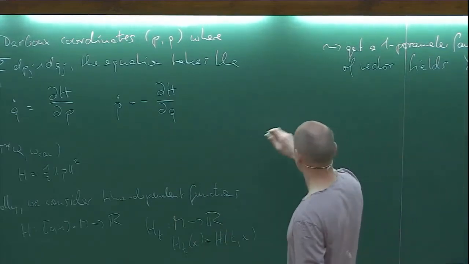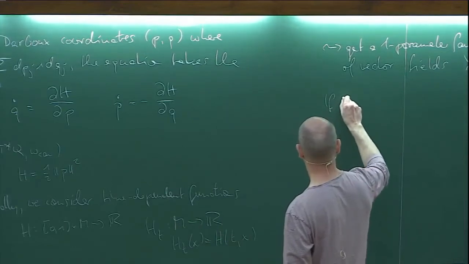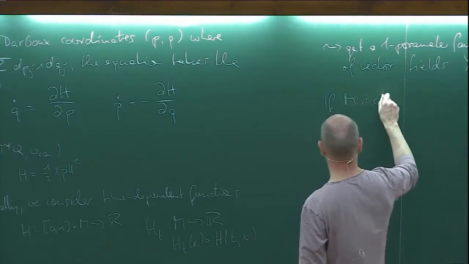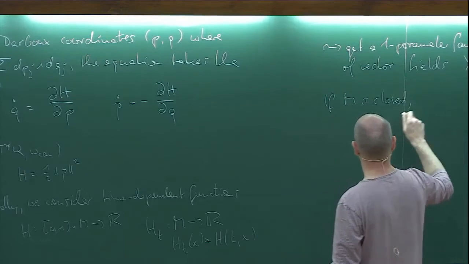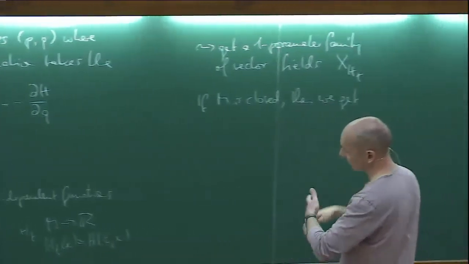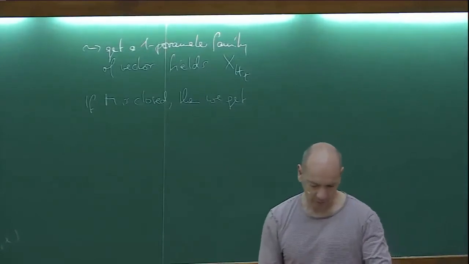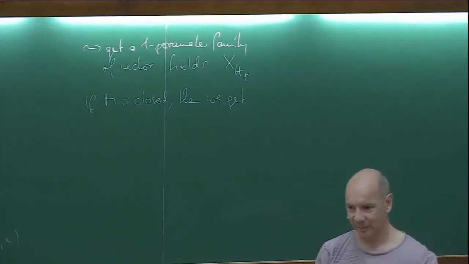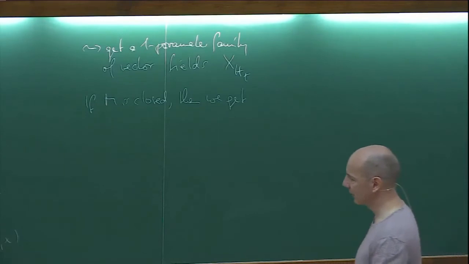And in good cases, say if M is compact, or closed better, then we still get what's called a flow, the flow of the time-dependent Hamiltonian, but it's not really a flow anymore.